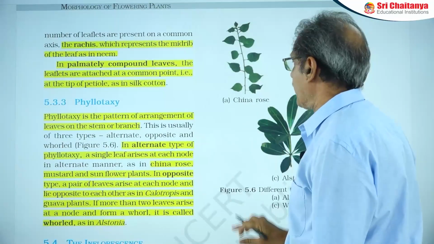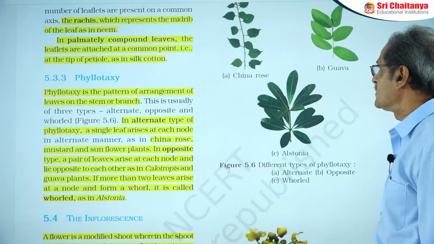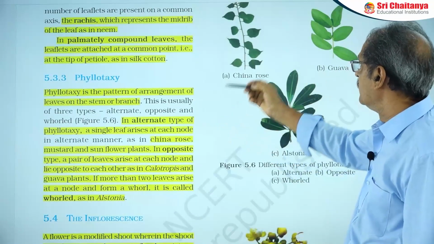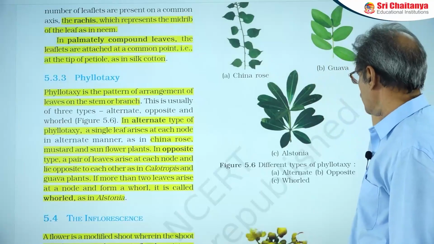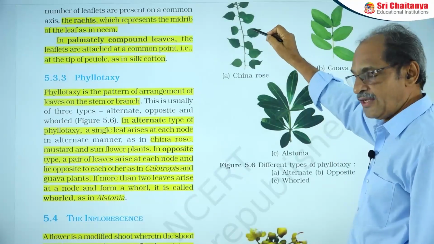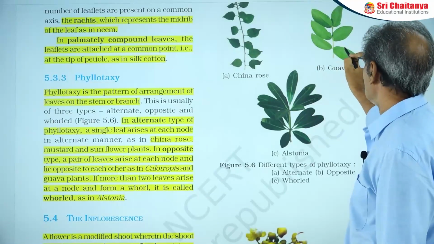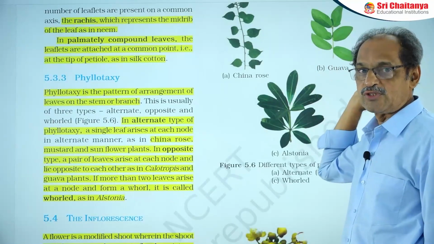Next one is phyllotaxy, very, very important, the arrangement of leaves on the stem. There are three types of phyllotaxy here: alternate, opposite and whorled. Alternate means at each node only one leaf arises. Opposite means at each node two leaves are exactly opposite to each other.